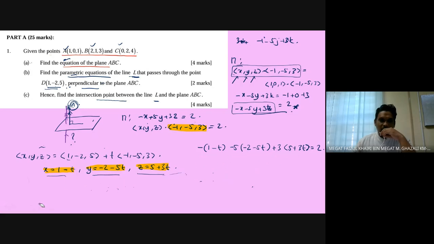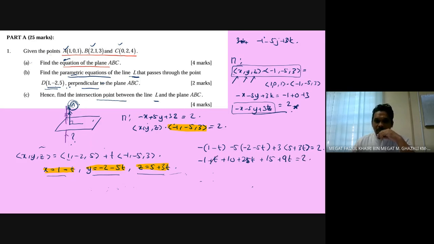So let's find out now the value of t. Negative 1 plus t plus 10, negative 5 times negative 2 is positive 10, then negative 5 minus 25t plus 15 plus 9t equal to 2.